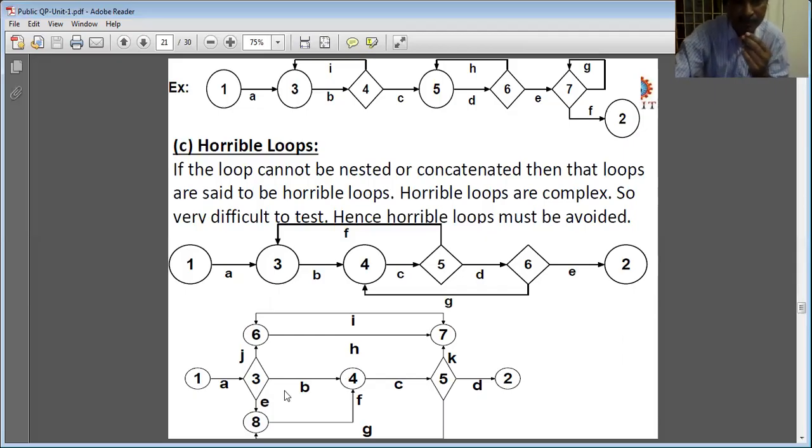Where is the loop going to be created, 3 to 6, then 6 to 7? Then where is the loop? The loop cannot be created properly, 3 4 5 7. So where is the loop, totally? Making loops is very complicated here. That's why they call them horrible loops.